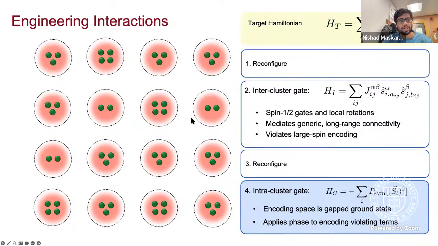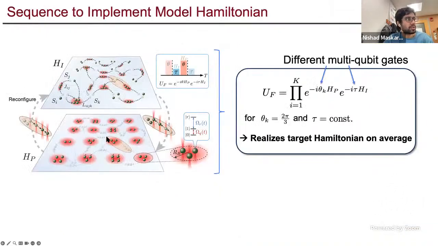This energy gap is what essentially protects the spin degree of freedom. And by alternating between these two configurations, interactions between clusters and interactions within clusters, we can engineer using Floquet engineering techniques a unitary that realizes the target Hamiltonian on average.